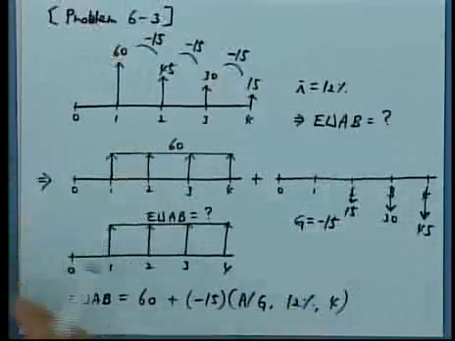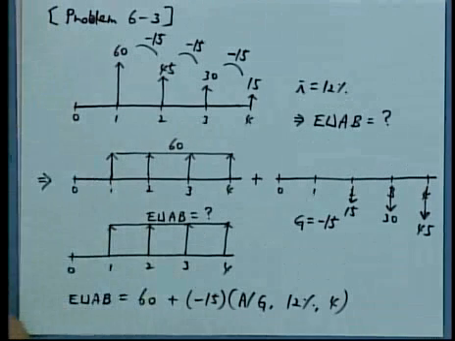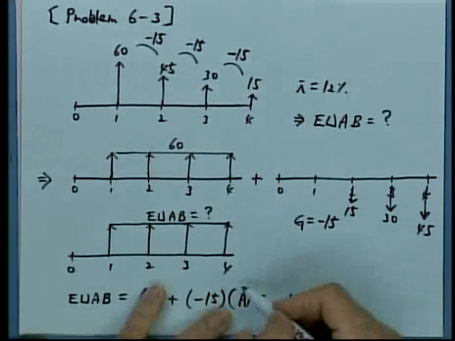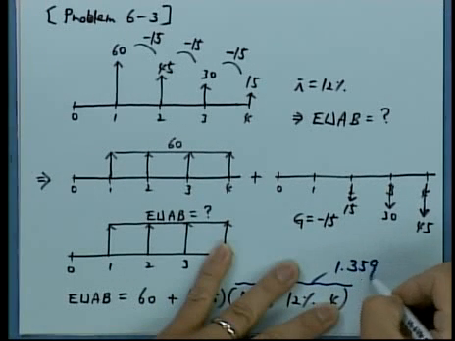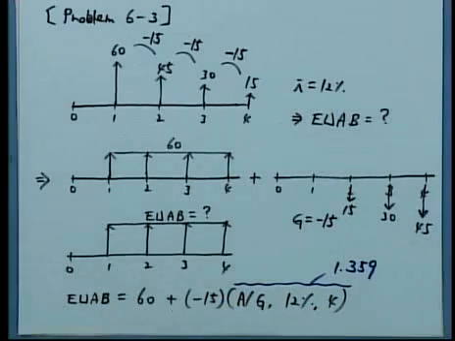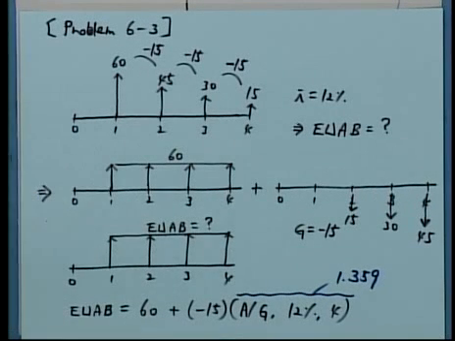So what is the value of this A given G over 4 periods? It's 1.359. Then how much is the equivalent uniform annual benefit?